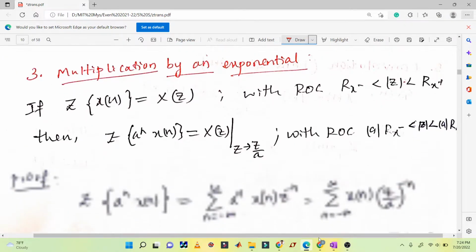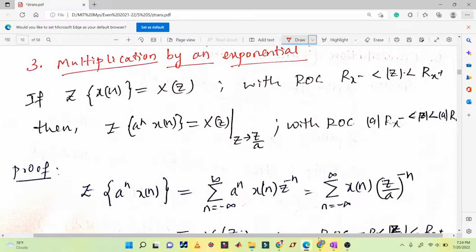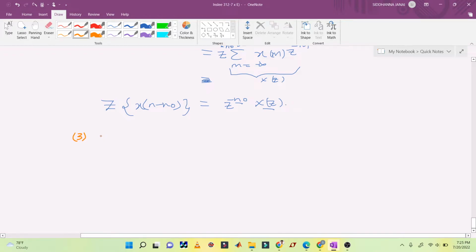Next one is multiplying by an exponential. So multiplying by an exponential will give us, let me give the statement.